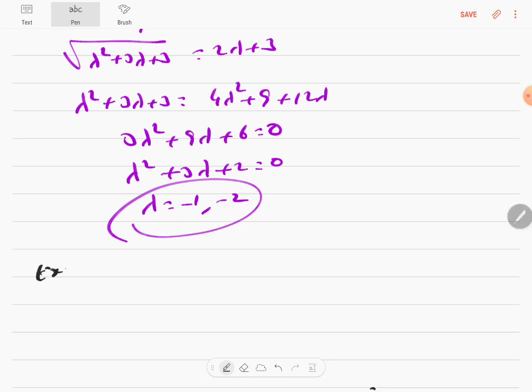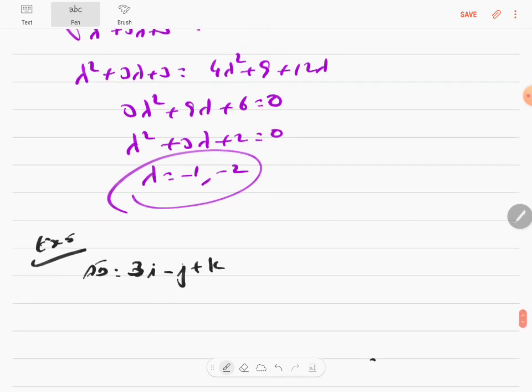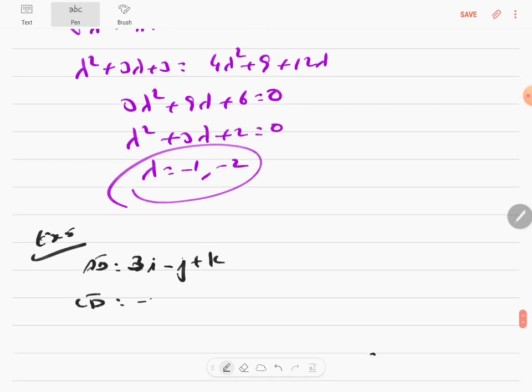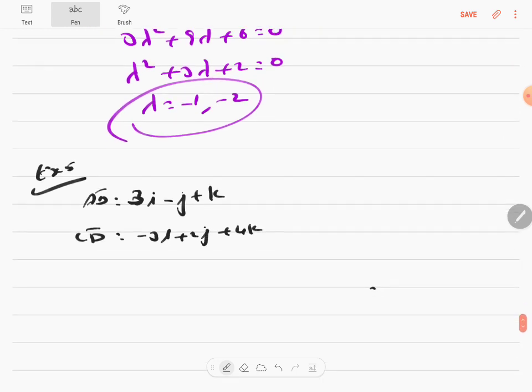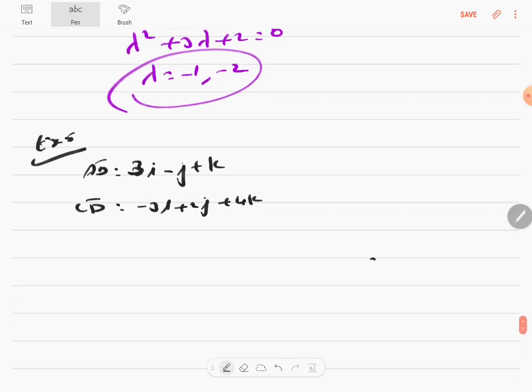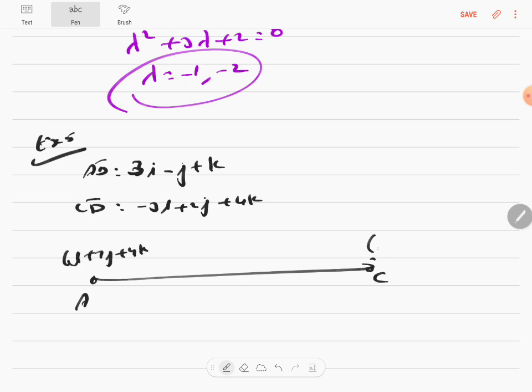Example 5. Again NCERT exam plus question. AB vector is 3i minus j plus k. CD vector is minus 3i plus 2j plus 4k. The position vectors of the points A and C are 6i plus 7j plus 4k and minus 9j plus 2k.